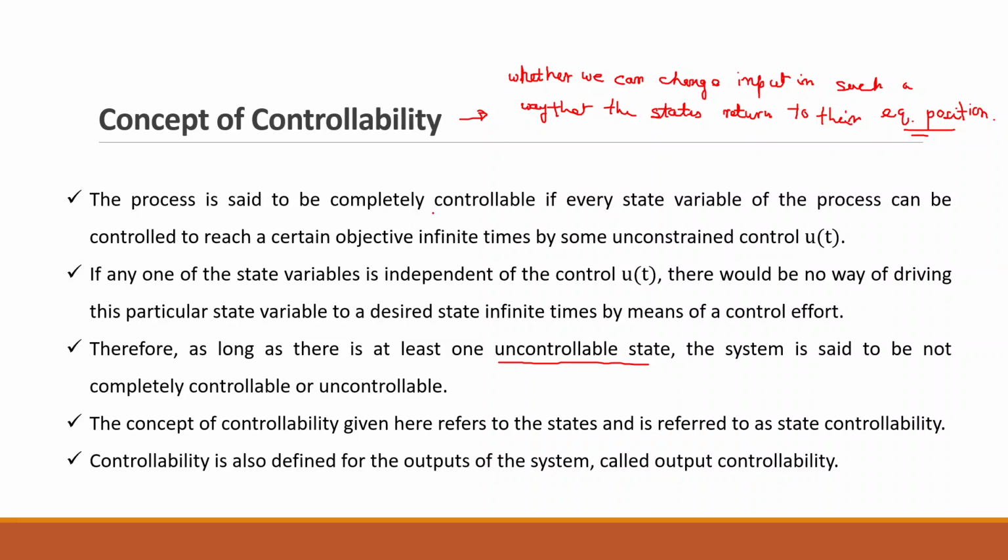The process is said to be completely controllable if every state variable of this process can be controlled to reach a certain objective in finite time by some unconstrained control u(t). If any one of the state variables is independent of the control u(t), there would be no way of driving this particular state variable to a desired state in finite time by means of a control effort.